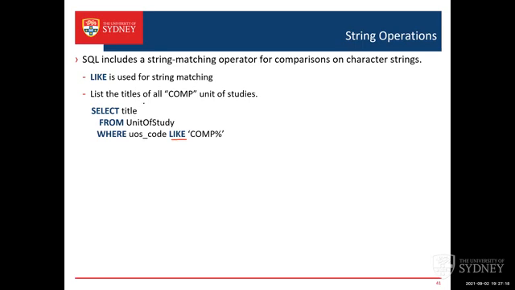So let's say I want to figure out all the titles where there is comp written in the title. How should I figure that out? Select the title from interview study where unit code like comp, then there is a sign, right? What does this sign mean?